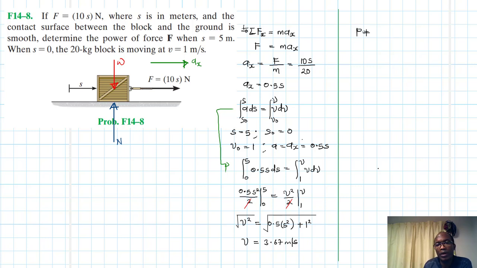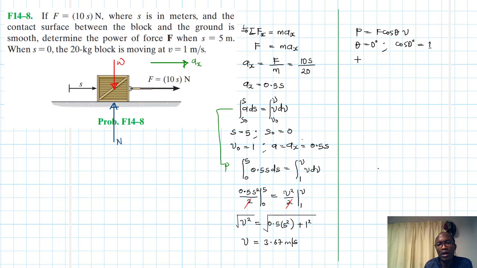Okay, so once we have that, let's move on to the next stage, which is working out the power. We said power is just equal to the force times cosine theta times the velocity. Our theta is just equal to 0 degrees, and therefore cos 0 is just equal to 1.